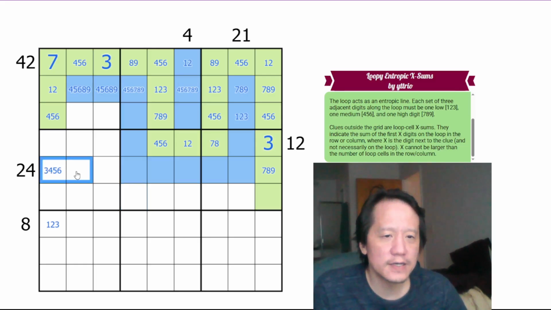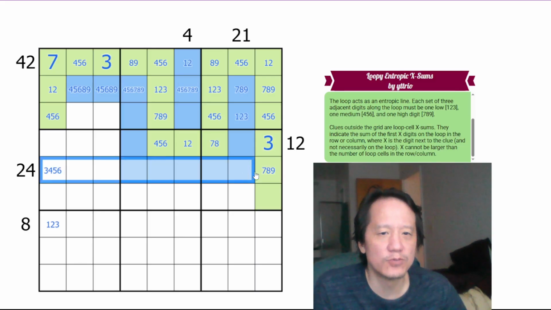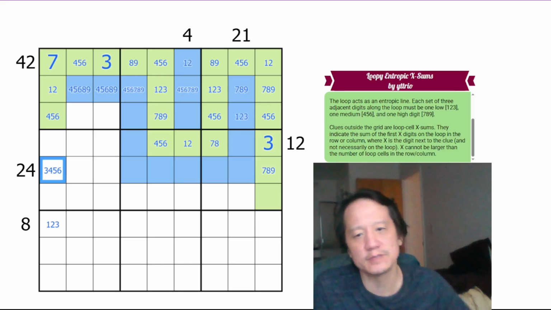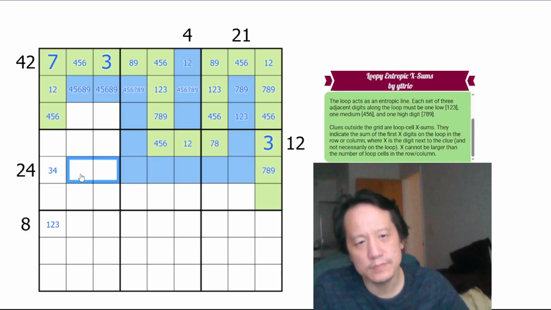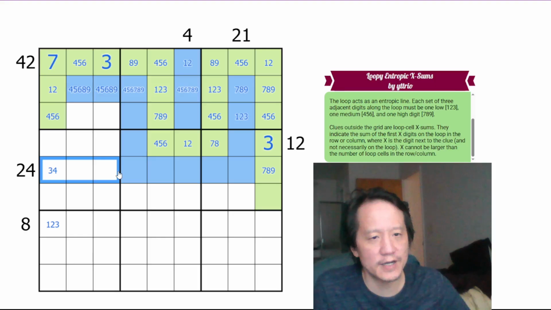This is either 4 or 3, because those are the number of cells on the loop possible. That means if it's 3 and this is on the loop, it can't be 3.